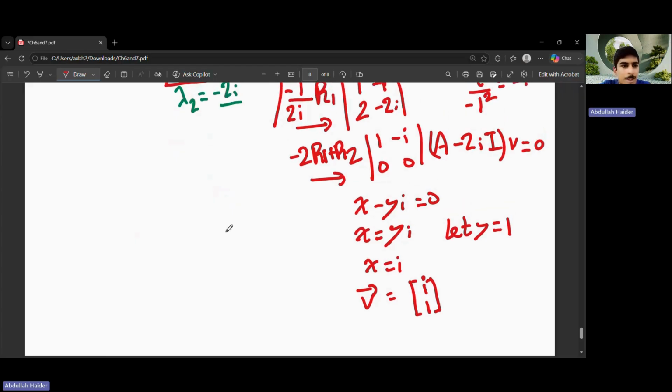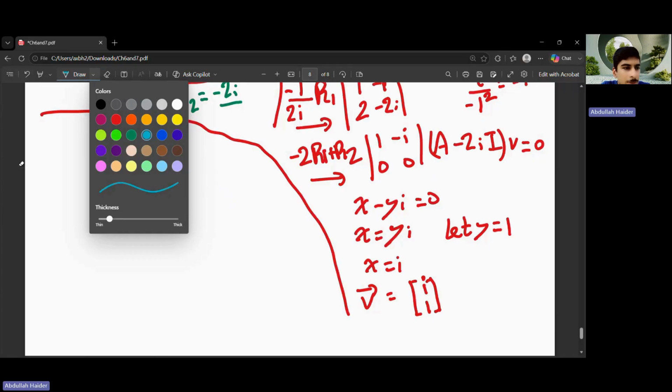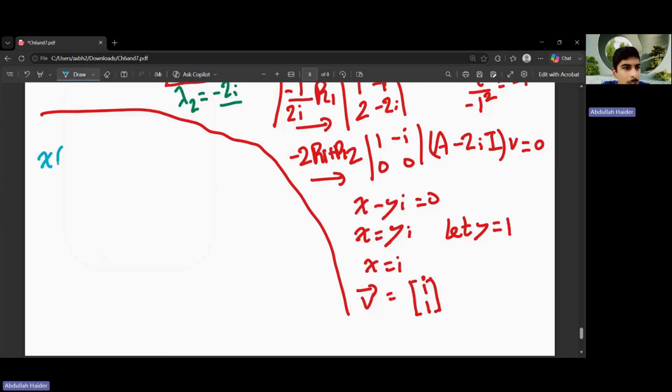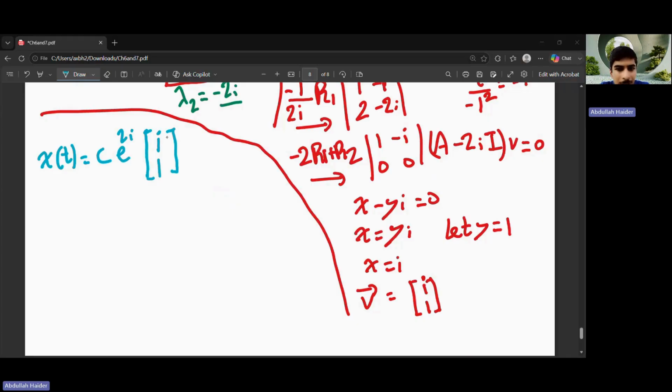So this means that our solution is going to be x of t equals, since we're considering only one eigenvalue and one eigenvector, t e power 2i, and we have this vector i, 1.